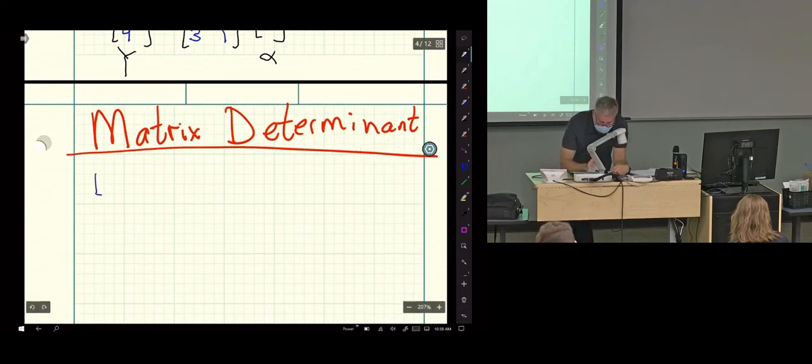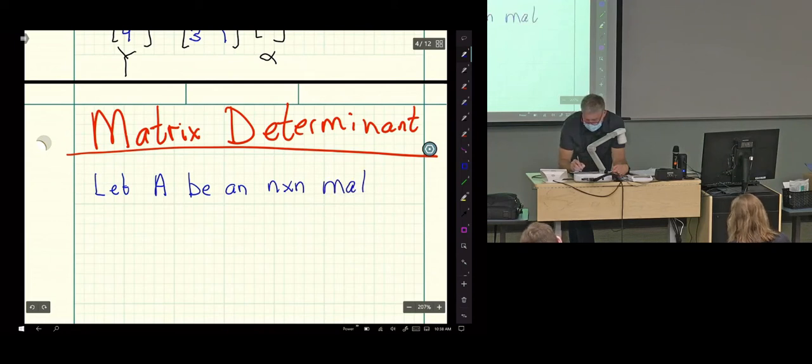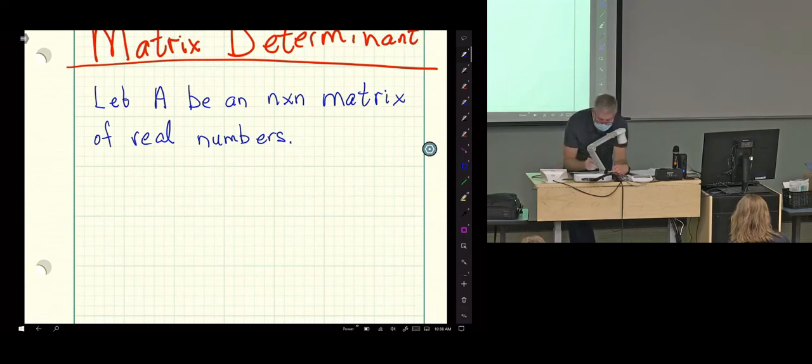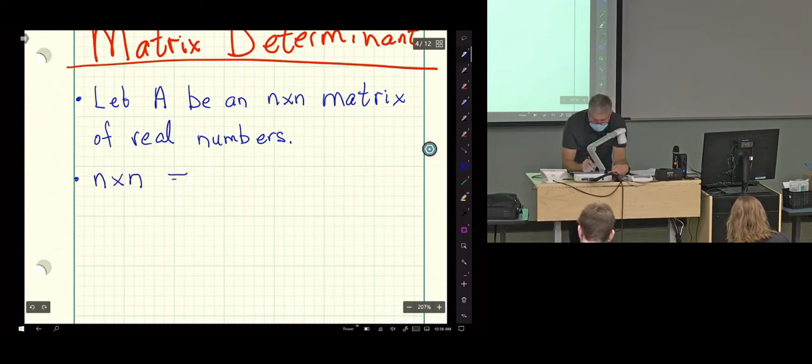Okay, so we're going to let A now be an n by n matrix. And just to be super clear, real numbers. Because it has the same number of rows and columns, we also say that A is square.